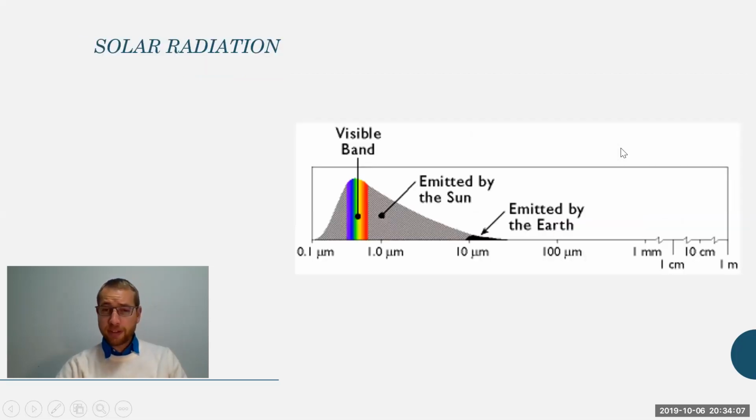We get a lot of that from the sun, right? That's great. We're happy to have that in the sky. And if you look at the intensity of what the sun is actually generating in terms of electromagnetic radiation, a large portion of that is in the visible band. And then we also get some infrared radiation as well. This curve is kind of smoothed out in reality.